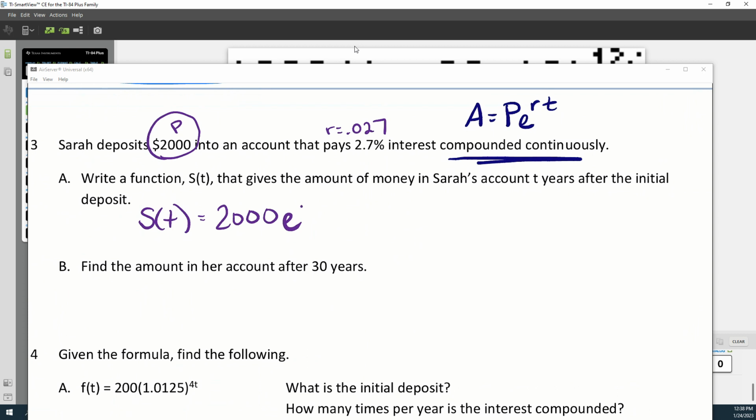Then we have our R, multiplied by T. That's the formula. If we want to know how much is in her account after 30 years, we'll just put 30 in for T.